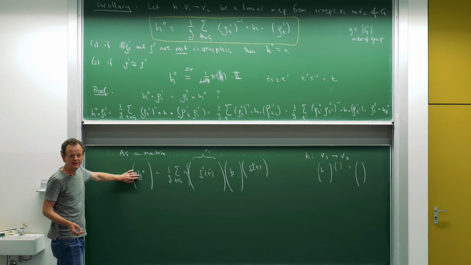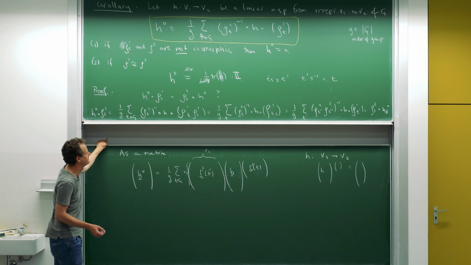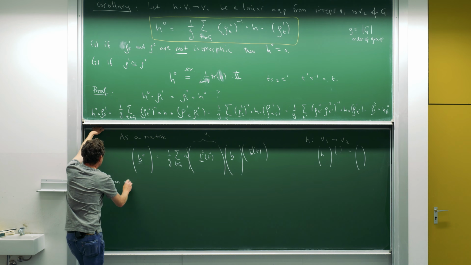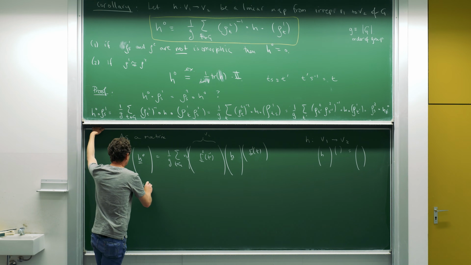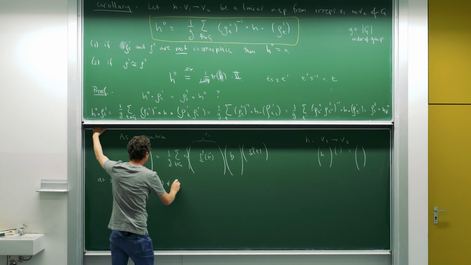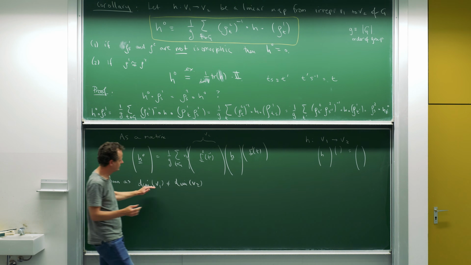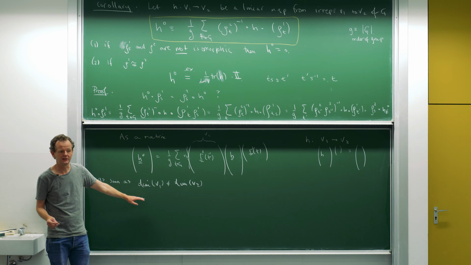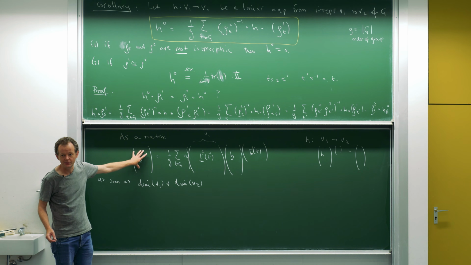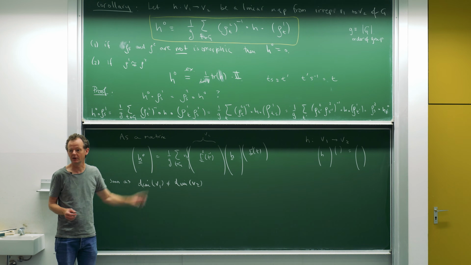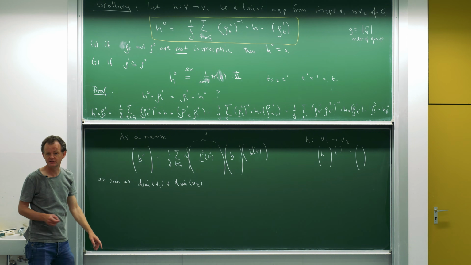Not just anything comes out here. In fact, as soon as the dimensions are different, that's 0. As soon as the dimensions of these two representations are unequal, then the left-hand side is always 0. That's the result of the corollary, part 1, which says it's always 0.